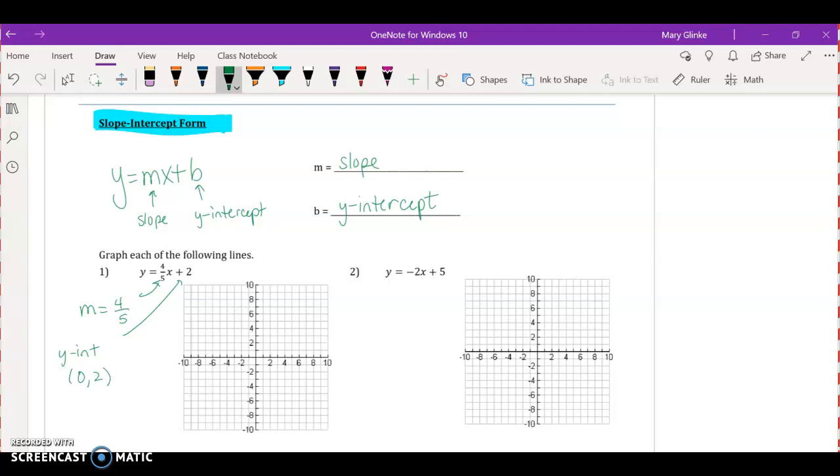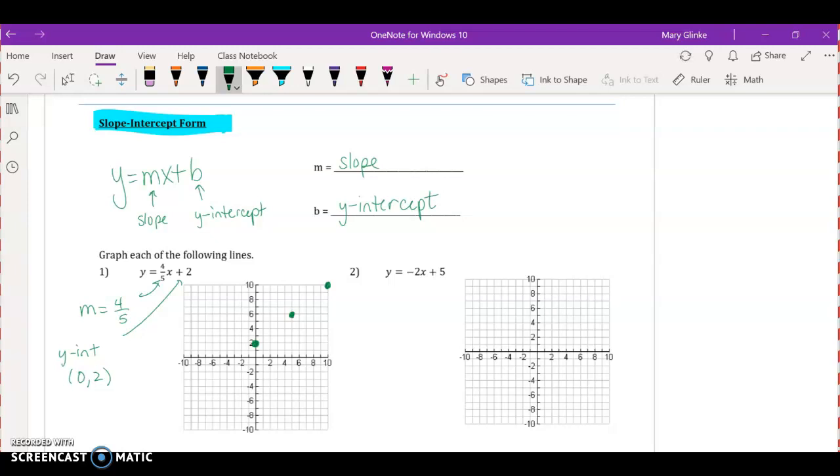And so what we can do here is we can go up 0, 2 and put a point. B is your y-intercept, and that stands for begin. That's where you begin your graph. M is your slope, and that stands for move. So I'm going to move up 4, 1, 2, 3, 4, and then over 5 and put a point. And up 4 and over 5 and put another point.